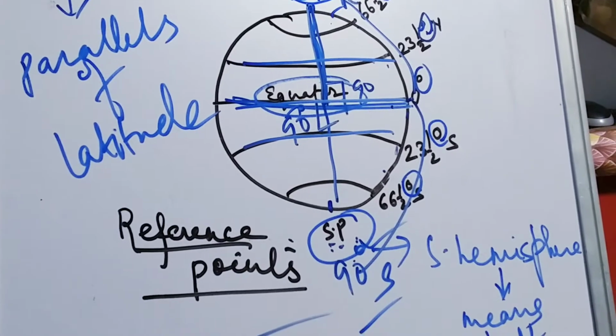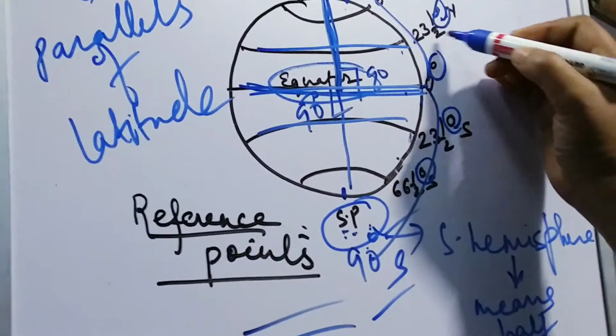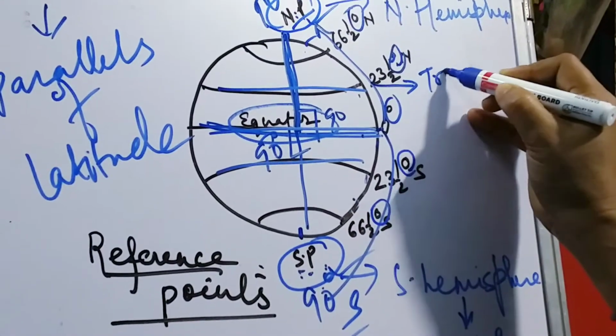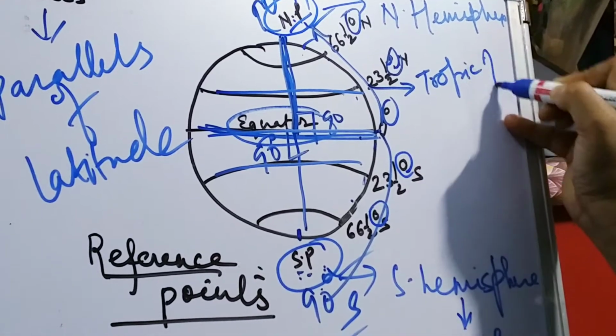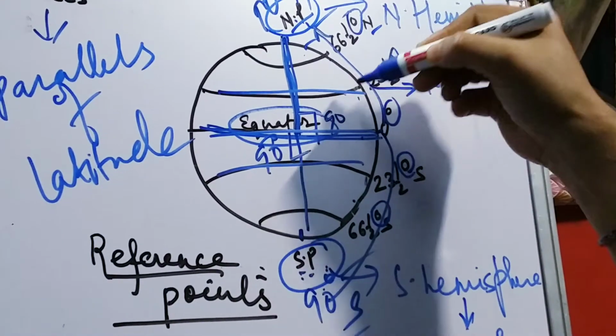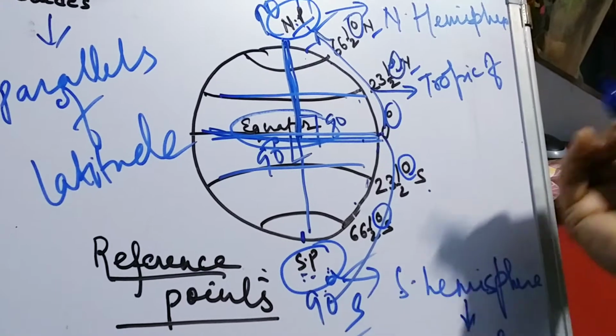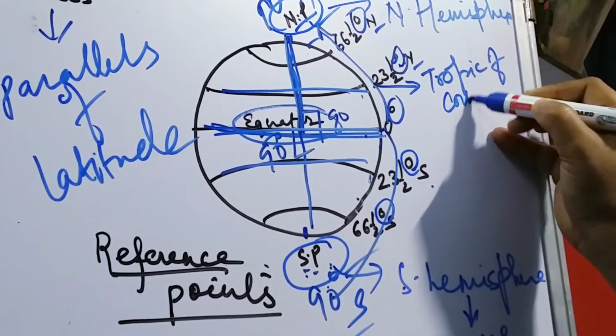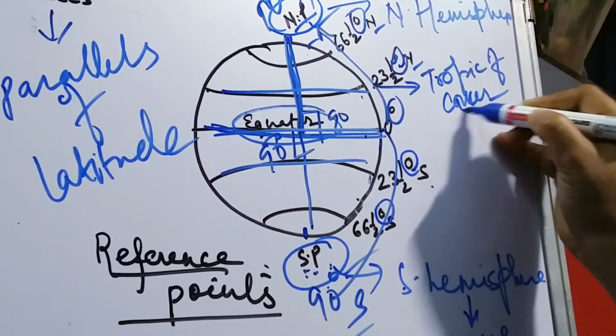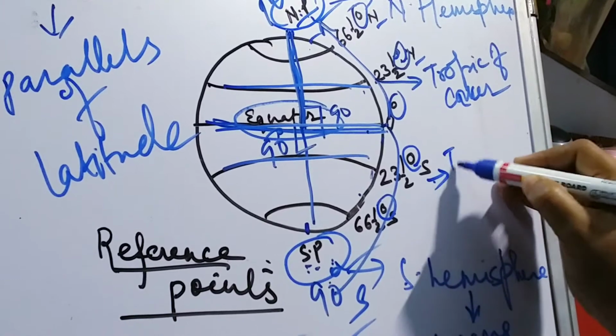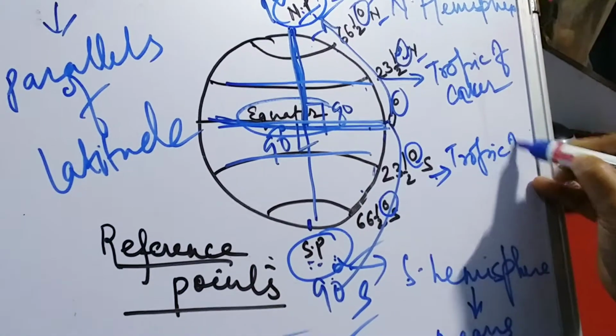The first is the Tropic of Cancer. N stands for Northern Hemisphere, S stands for Southern Hemisphere. This is the Tropic of Cancer. And this is the Tropic of Capricorn.